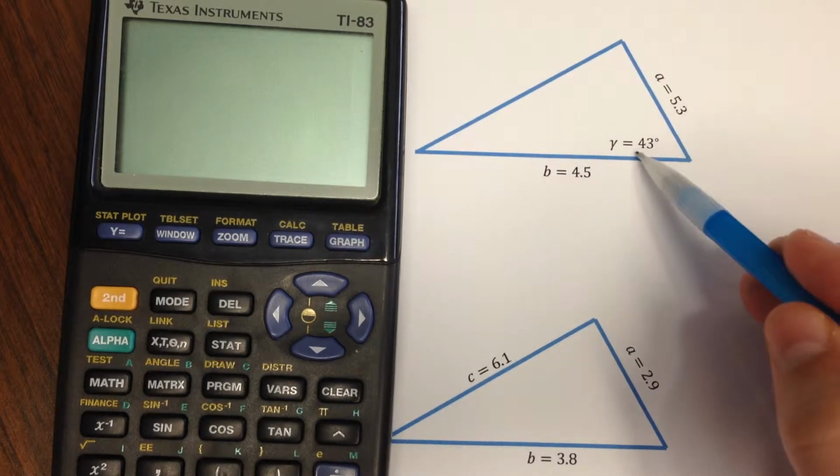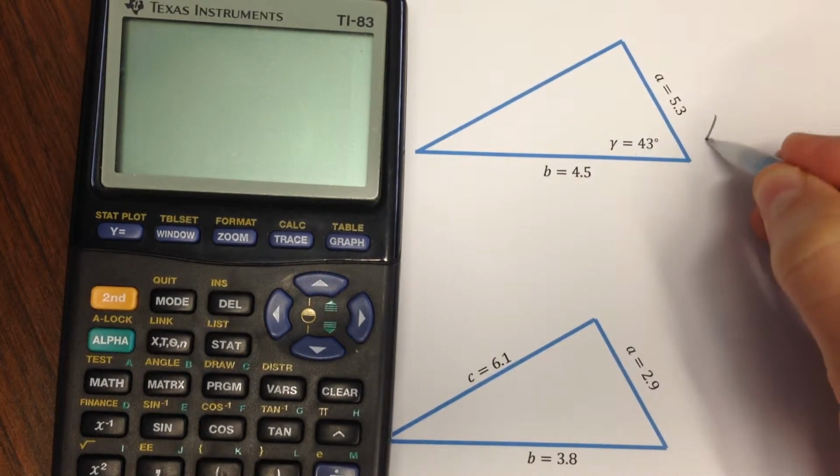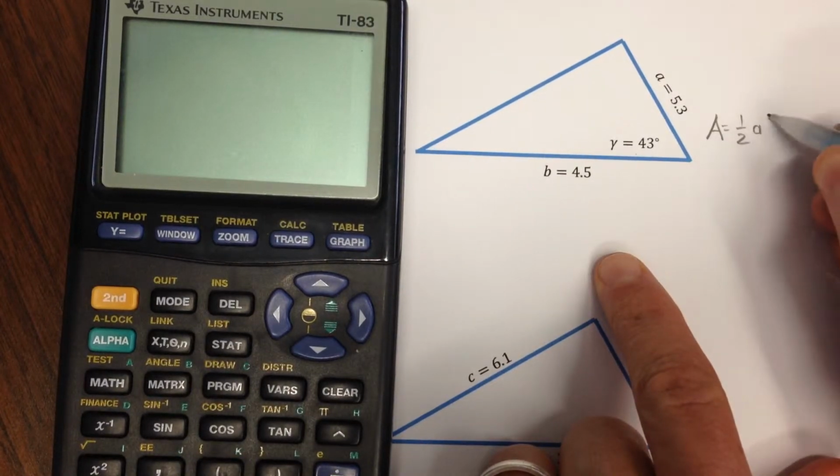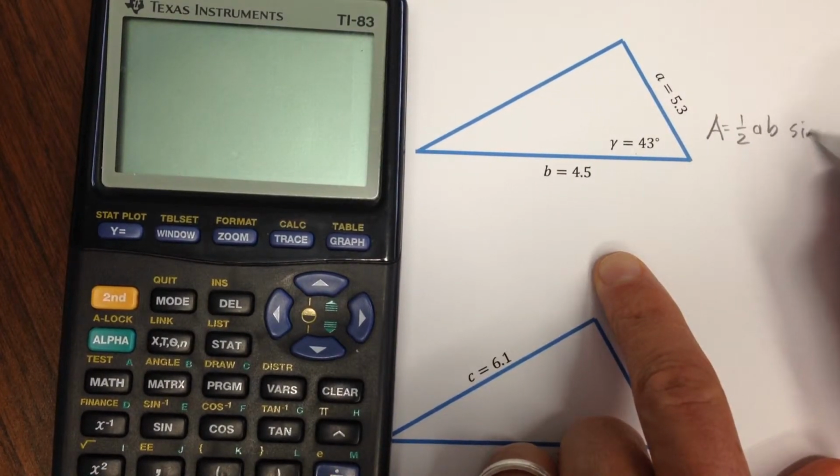I guess the first challenge is sort of to identify what you have. Here I have two side lengths and the angle between them, so I'm going to calculate area equals 1/2 AB sine gamma.